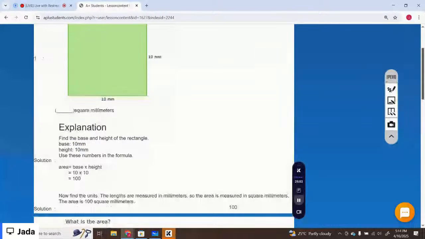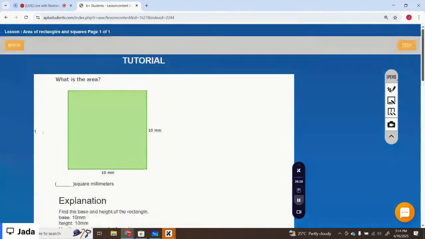What is the area? Area of the rectangle is base times height, right? So you have to do 10 times 10, so the area of the figure is 100. Let's just start with the test questions.